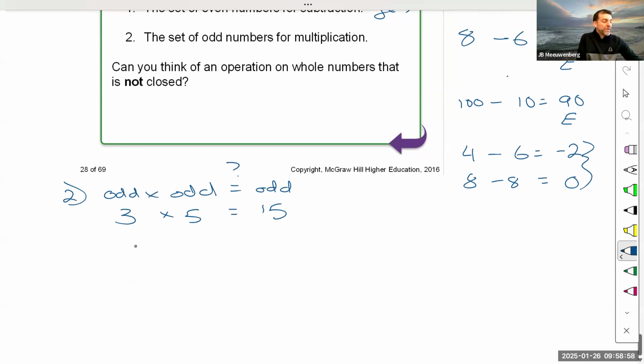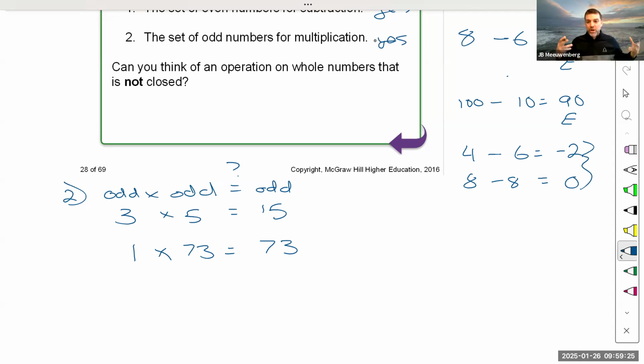What if I pick a couple different odd numbers? 1 times 73. Those are both odd. I get 73. Is there any situation where you would possibly get something that's not odd when you're multiplying? I can't think of one. No. So this is also closed. The set of odd numbers is closed for multiplication.